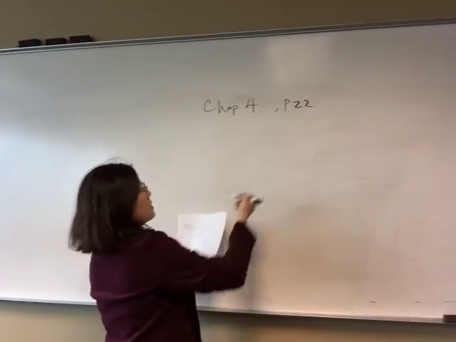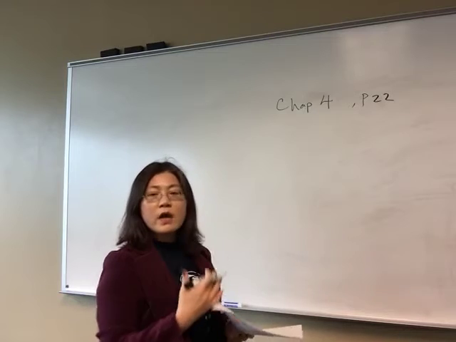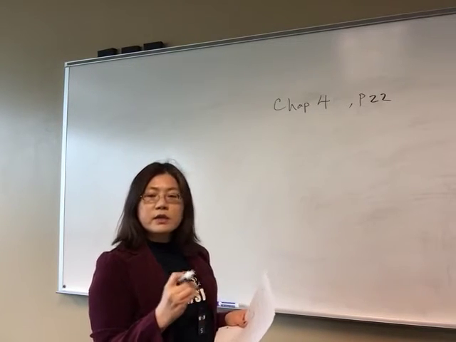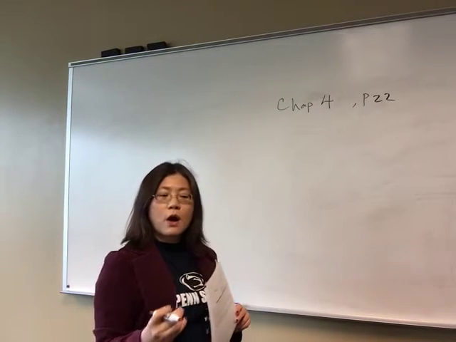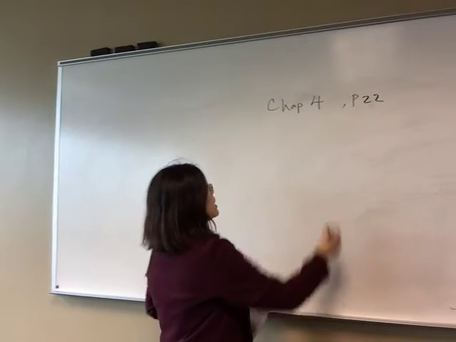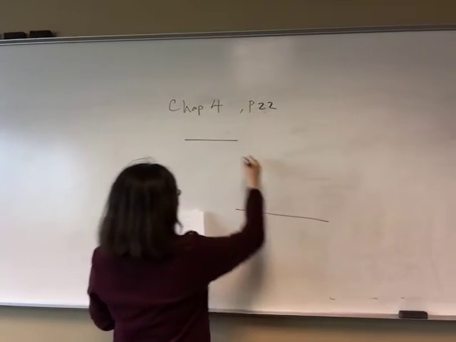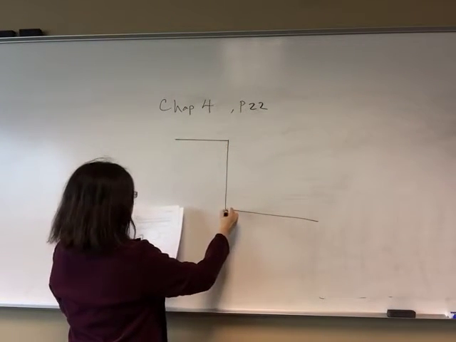Whenever you do this kind of problem, it's always recommended that you draw a diagram and associate the numbers with the symbols, so you get a better idea of what's going on. So let's say this is the table, and this is the floor, and this is the distance.